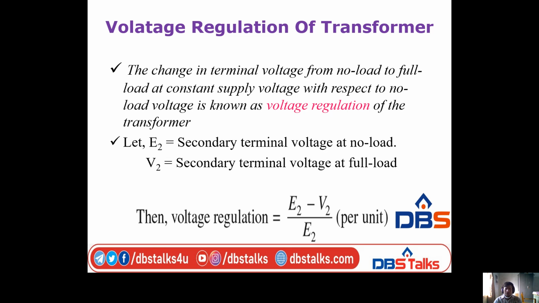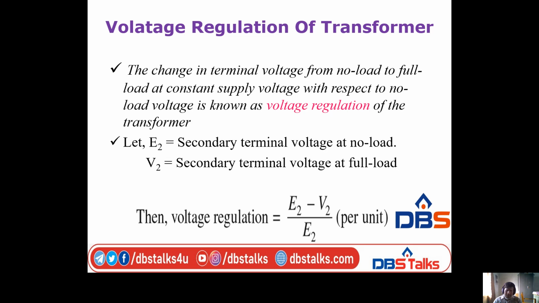Suppose we express it with respect to the no load voltage, that is nothing but regulation up. Suppose we express it with respect to the full load voltage, we call it regulation down. At no load, some voltage will be available in the transformer. Now we connect the load.